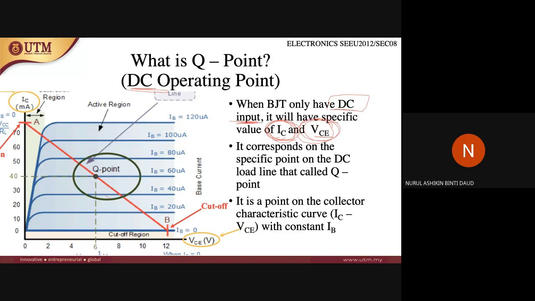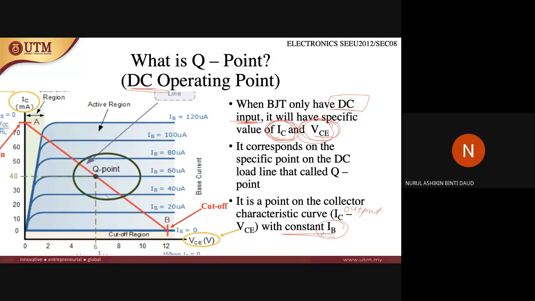Usually the Q point is placed at the center of the DC load line, in the middle of the DC load line. It is a point on the collector characteristic curve, which is IC versus VCE, or the output characteristic curve, with constant IB.